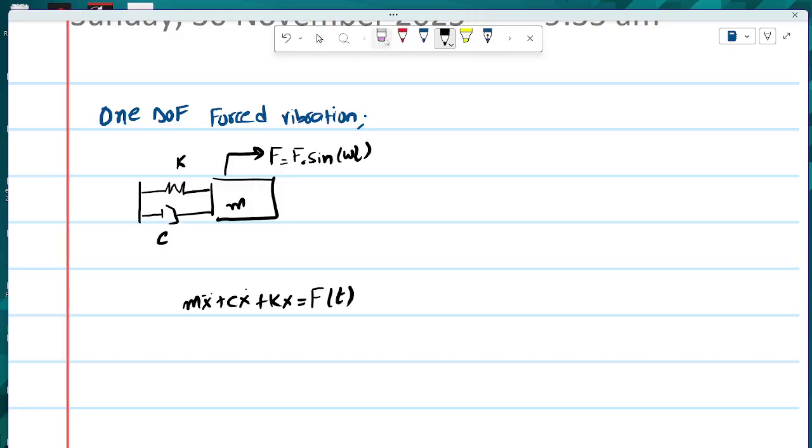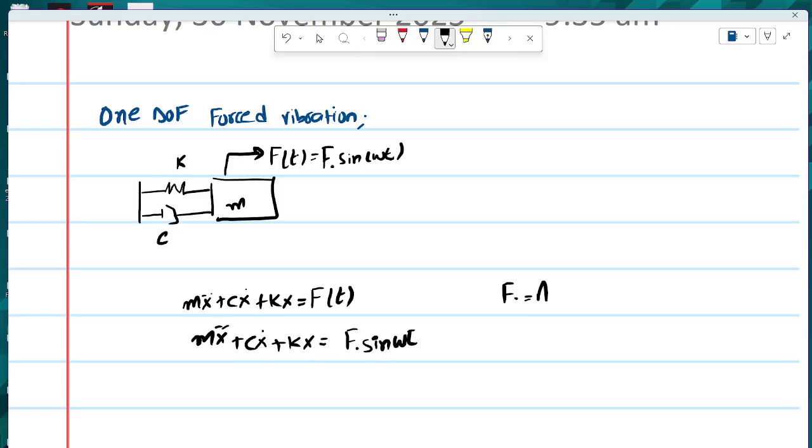So we can write it as m x double dot plus c x dot plus kx equals F naught sine omega t, where F naught is the amplitude and omega is the frequency.